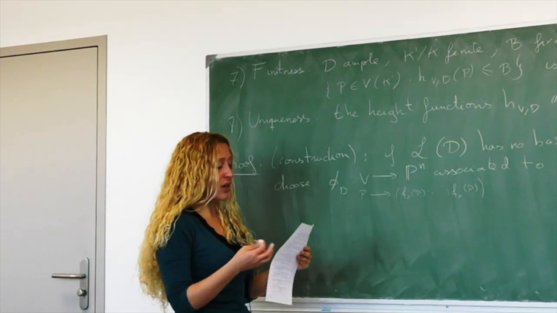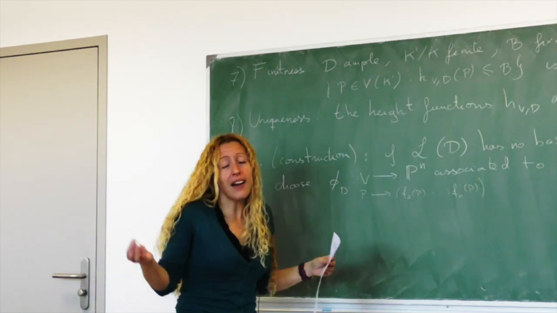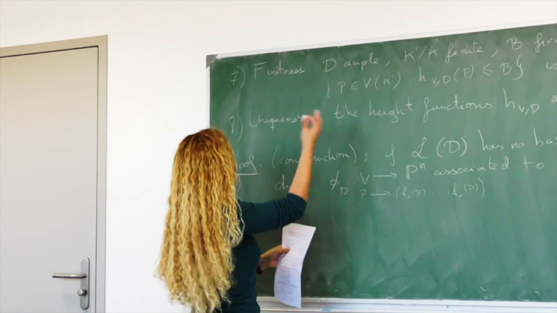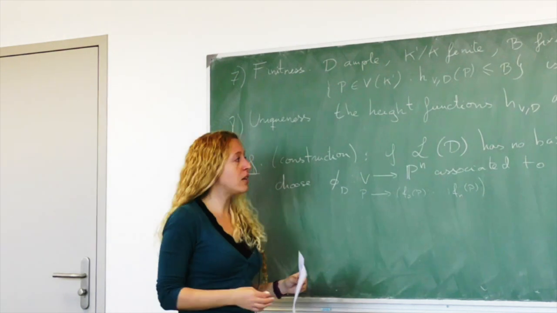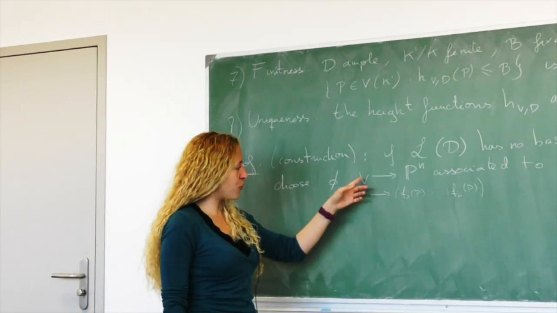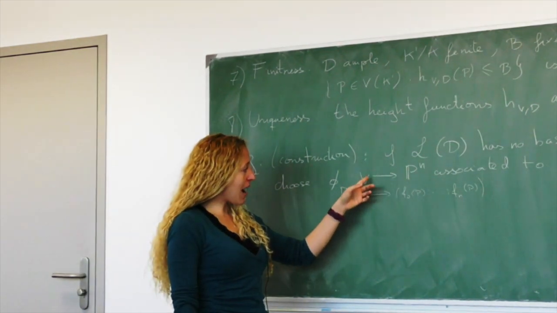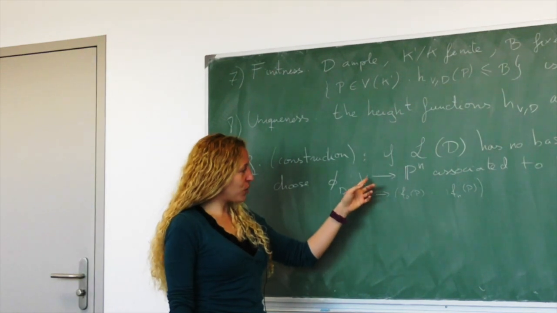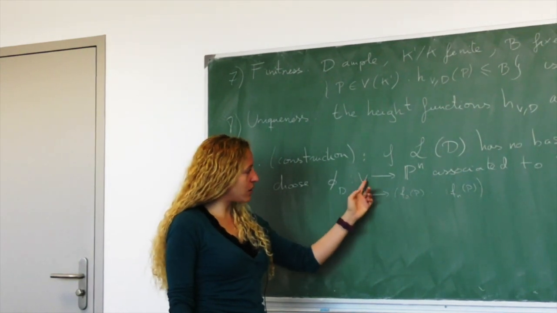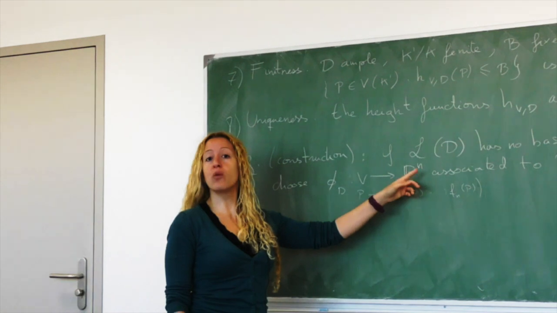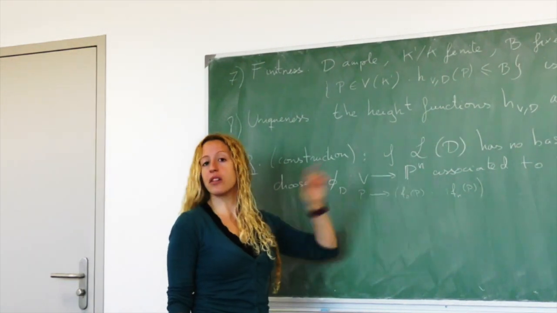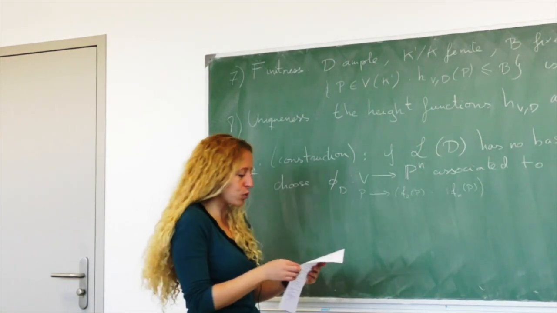Now that you have a morphism, you can define a height, as we did before I stated this theorem. We can define the height of a point in the variety as the height corresponding to the image of the point by this morphism in P^n, and then we get the normal height in projective space. This is what we do.